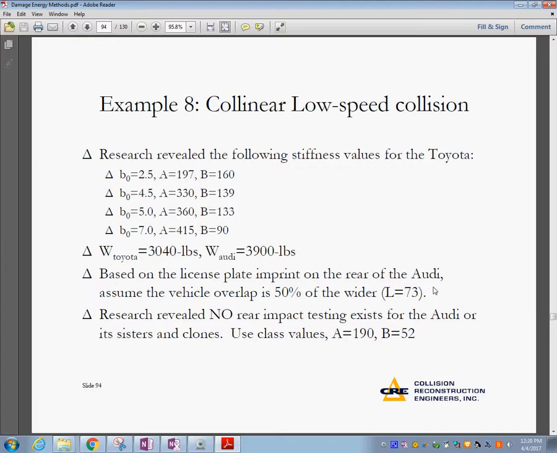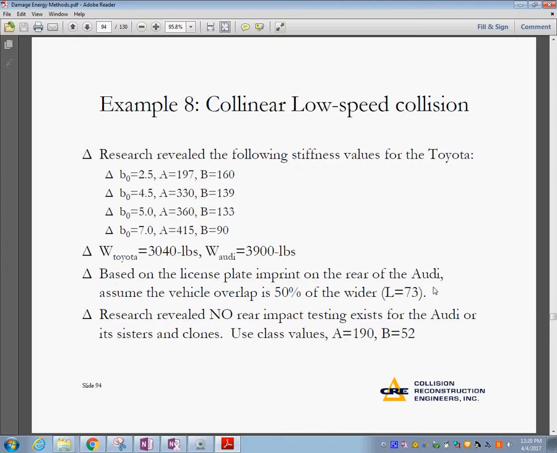Research on these two vehicles reveals the following stiffness values for the Toyota. Remember now, those values are the stiffness values that the NHTSA publishes based on test data, and B0 was the speed at which no damage occurs.